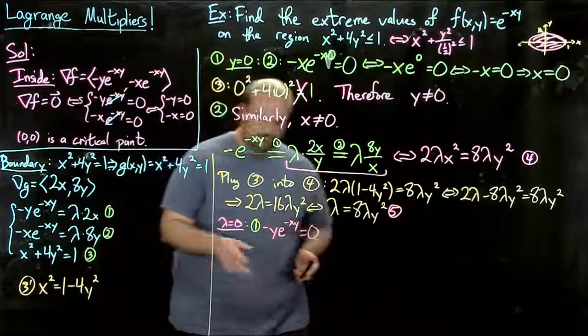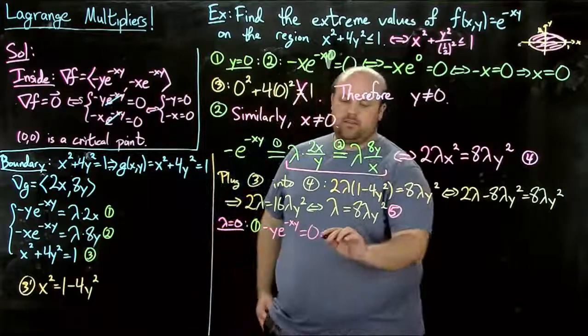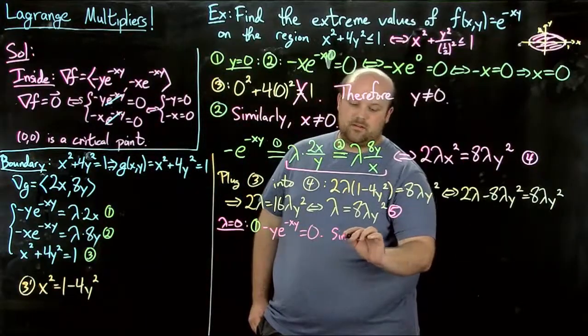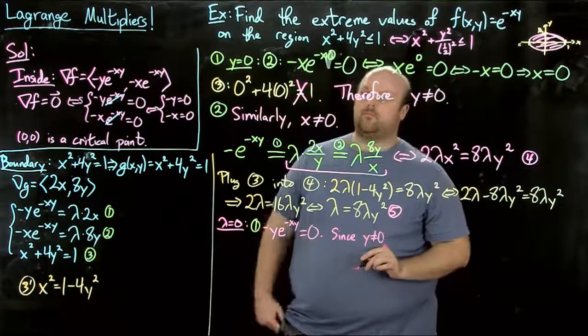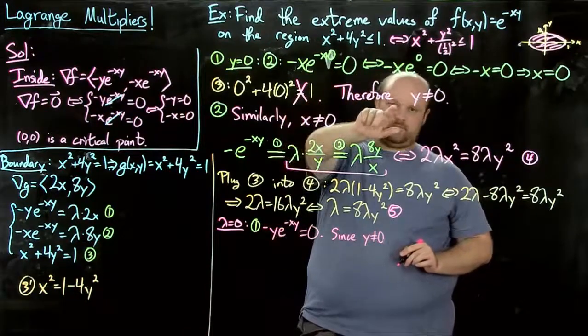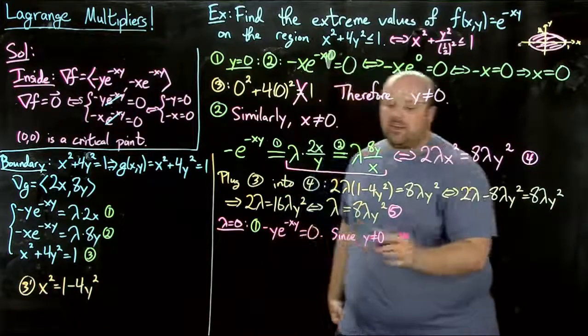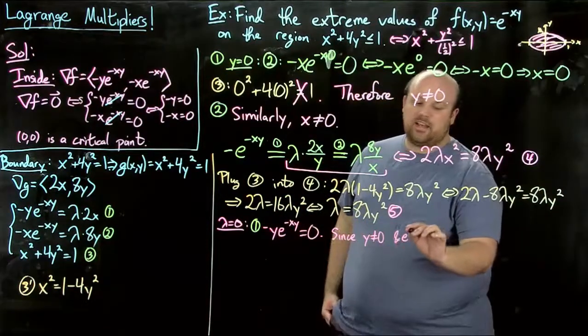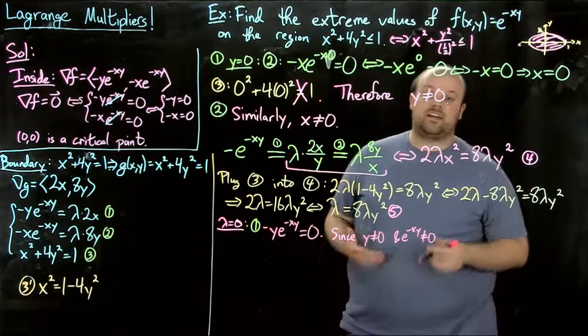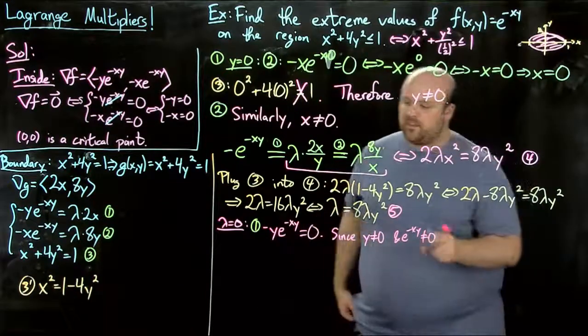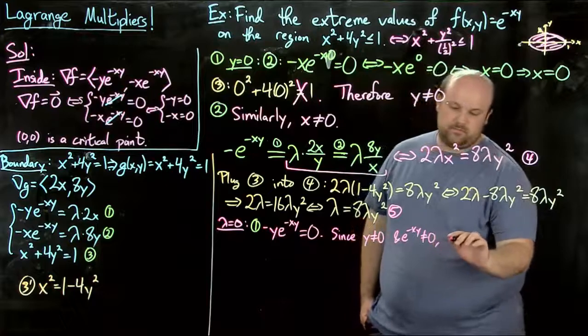Well, since y isn't 0, remember we showed that up here, okay? Since y isn't 0 and e to the minus xy is not 0, in fact that one's never 0, this is a contradiction.